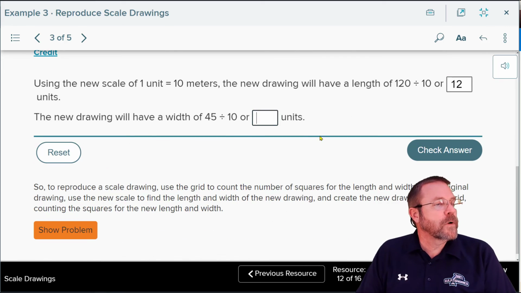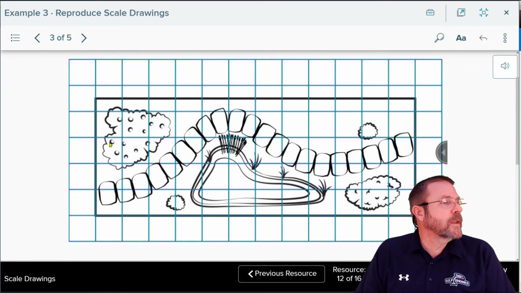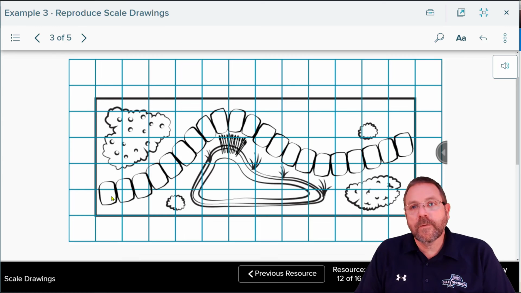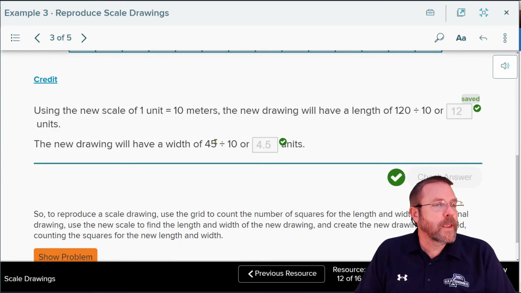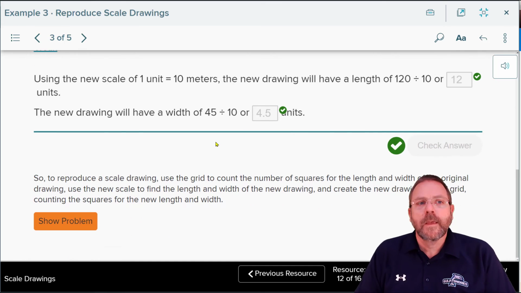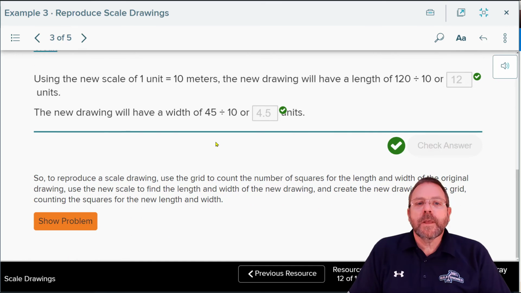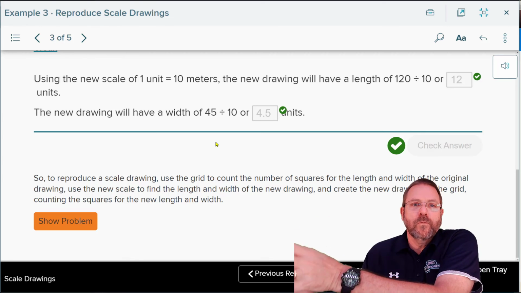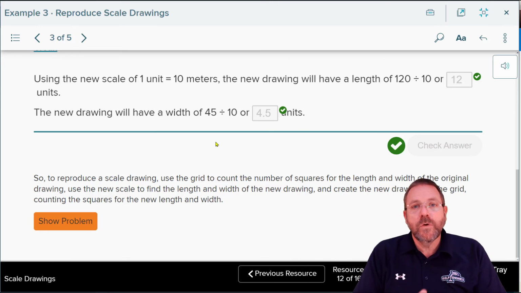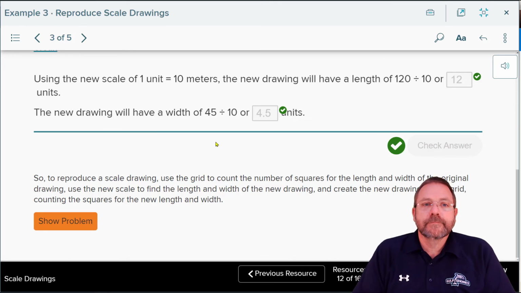And then 45 divided by 10, that's going to be 4.5, and you can see here you've got 4.5 units in the width right here. From there, check our answers, and our answers check. I know that one seems a little complicated, but what you're doing is you're going from the drawing to the real thing, and then we're going from the real thing down to the new but larger drawing.